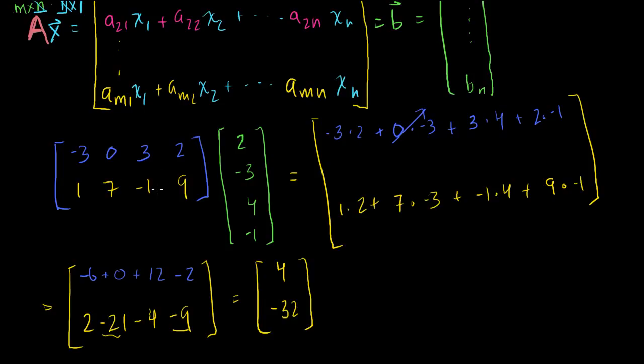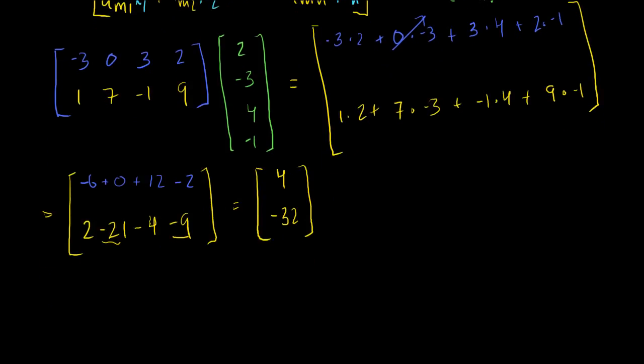And like I said, you can view it, and let me be very clear right here. Everything we've been used to right now, we've been writing our vectors as column vectors. But you could view each of these guys right here as a row vector. But let me be even better.